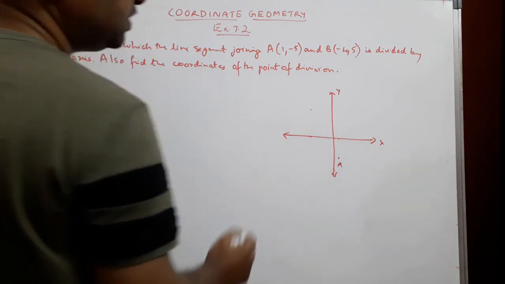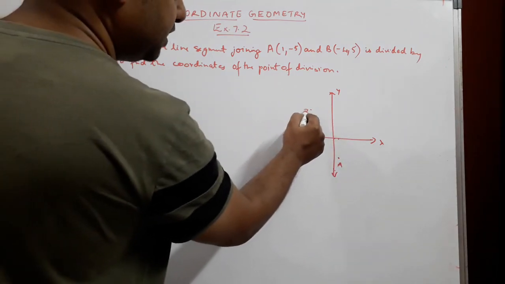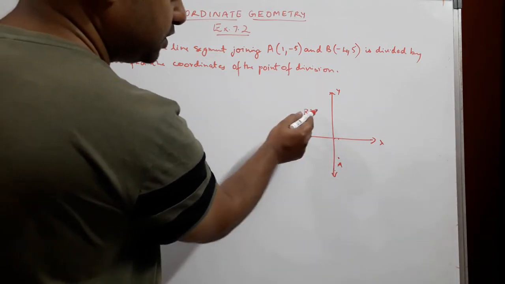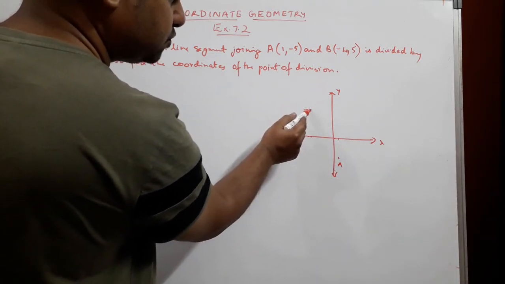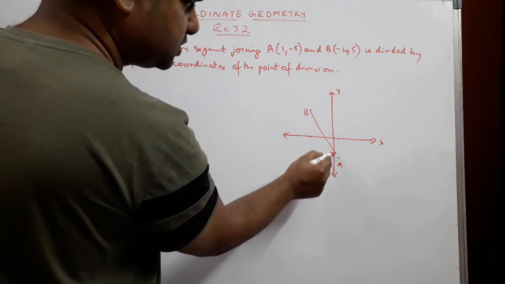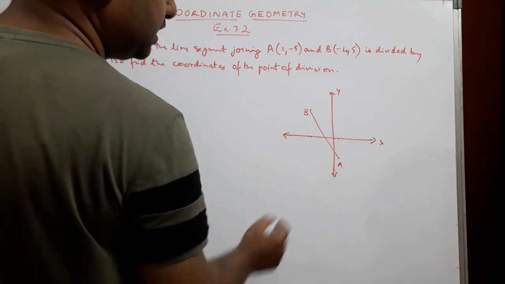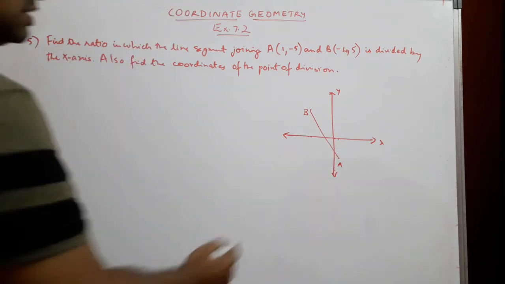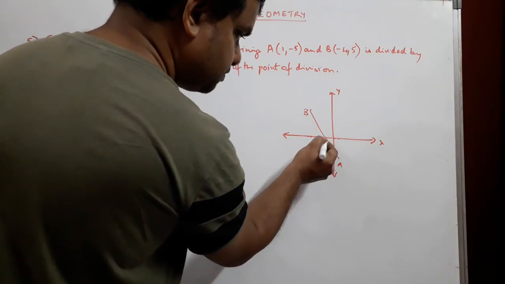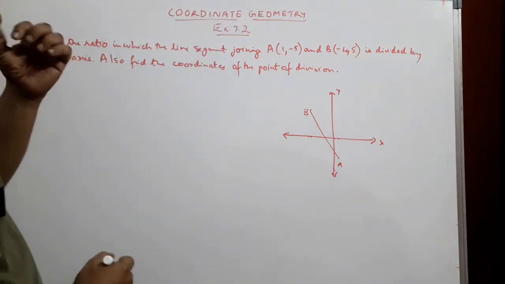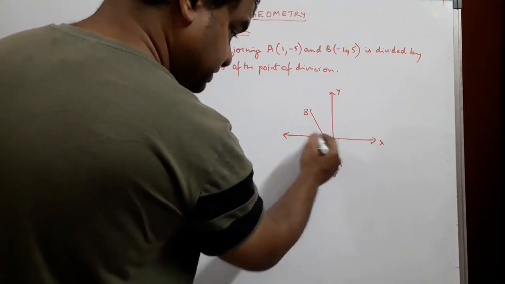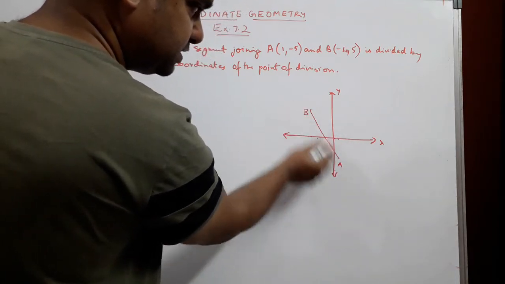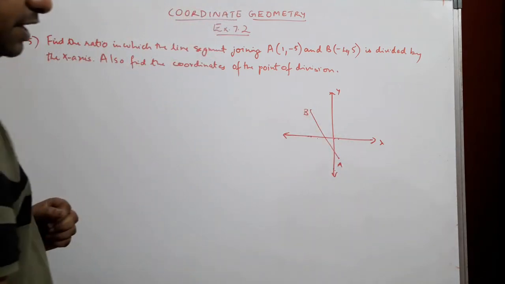Which means if there is a line segment AB with these coordinates, then it has to cross here like this, and it is this particular point on the x-axis which divides the line segment AB.